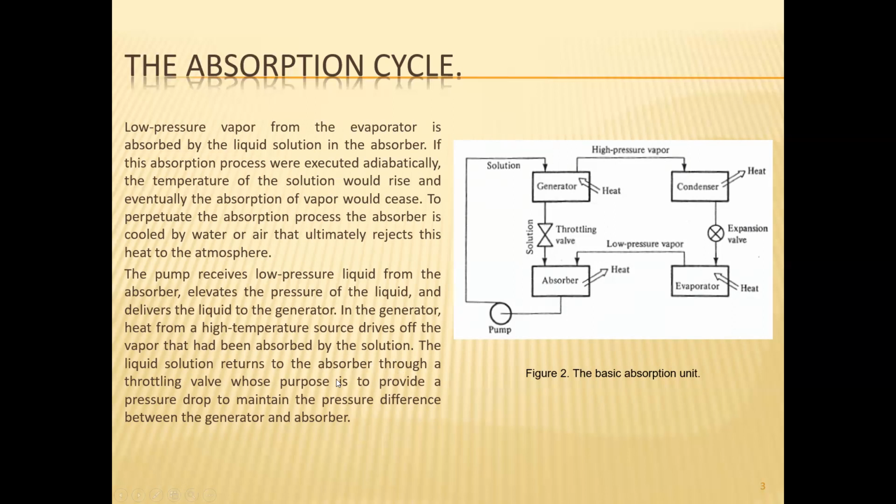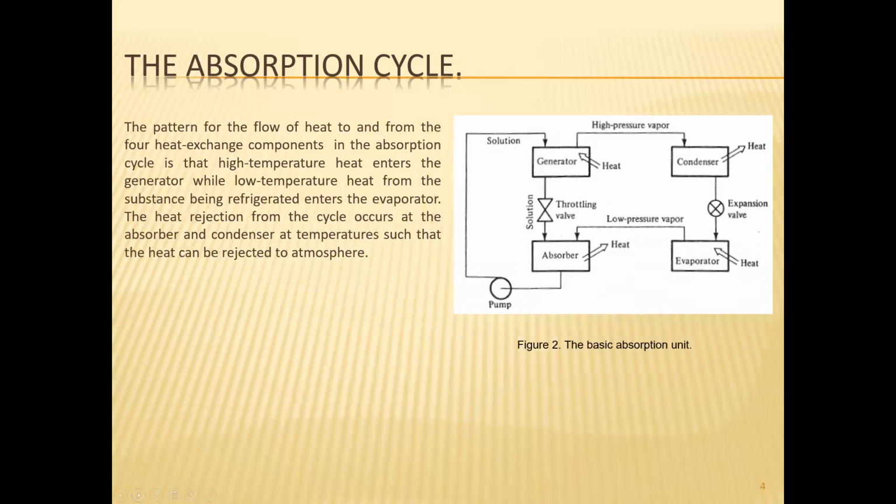So, the liquid solution returns to absorber through a throttling valve whose purpose is to provide a pressure drop to maintain the pressure difference between generator and absorber. Kaya ang purpose lagi ng expansion valve. Expansion turbine, expansion process, kaya lang valve siya.